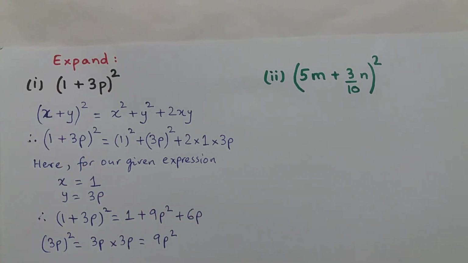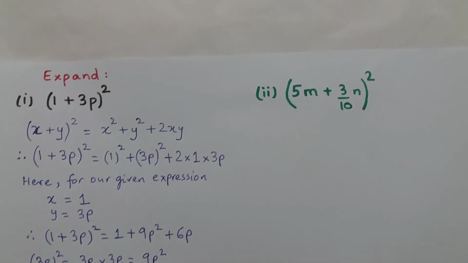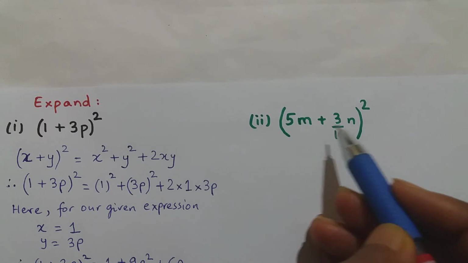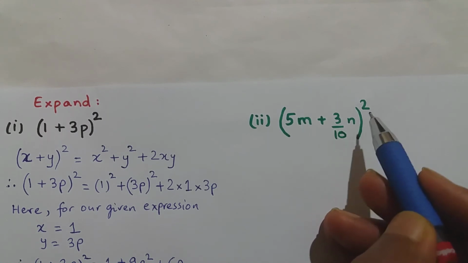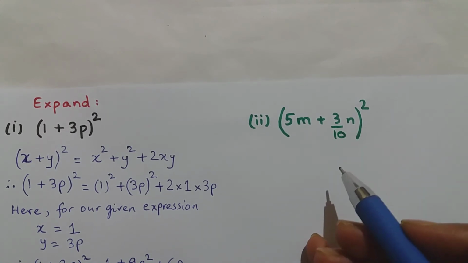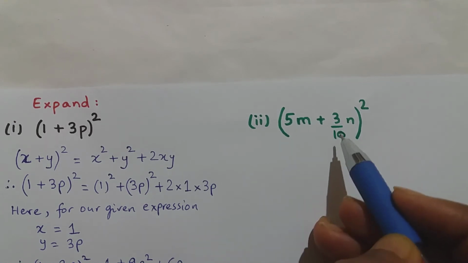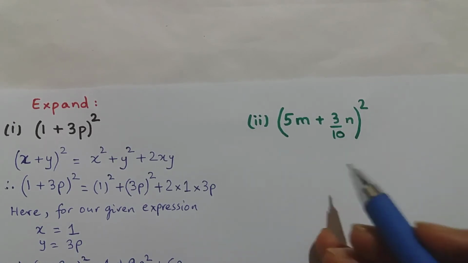Now let us solve question number 2. Expand 5m plus 3 by 10 n whole square. So we have to expand the expression 5m plus 3 by 10 n whole square.